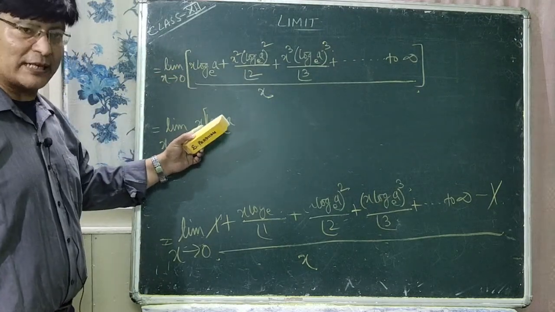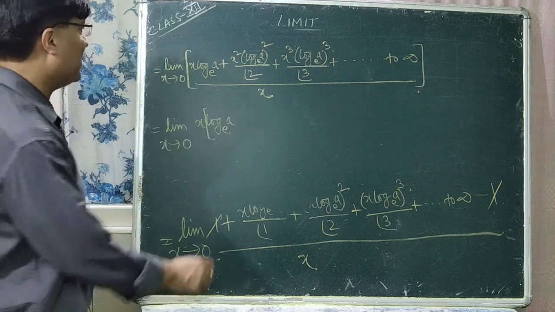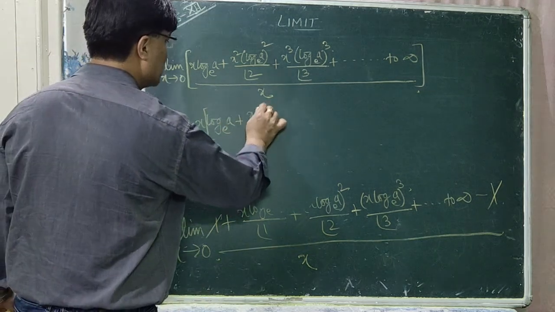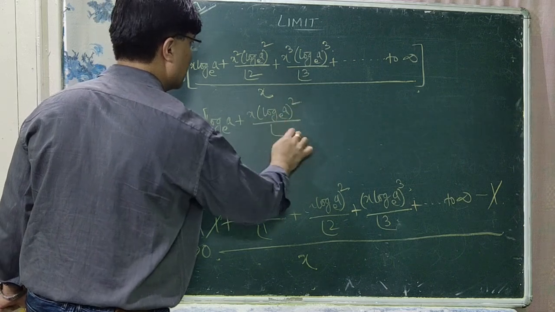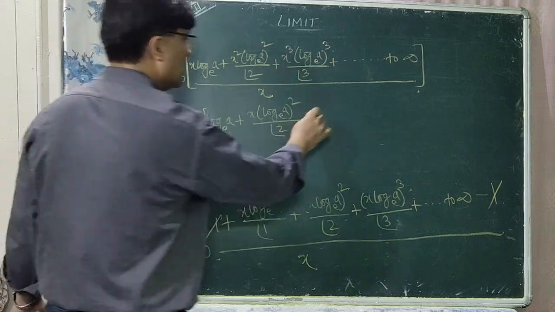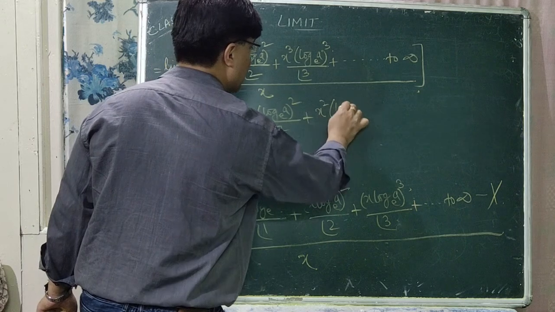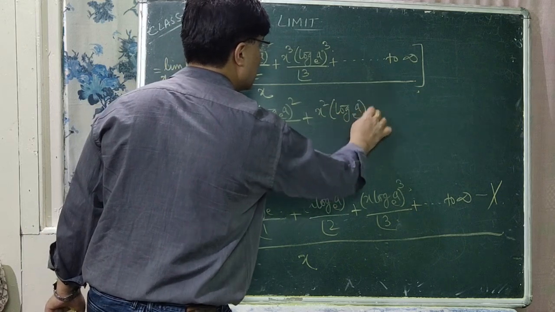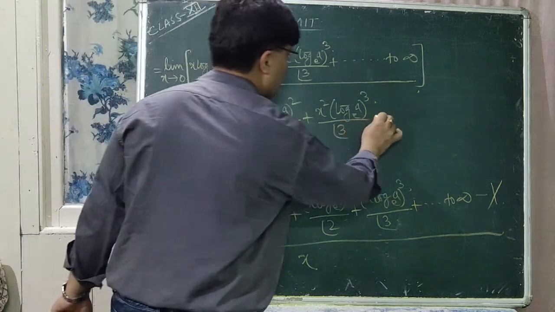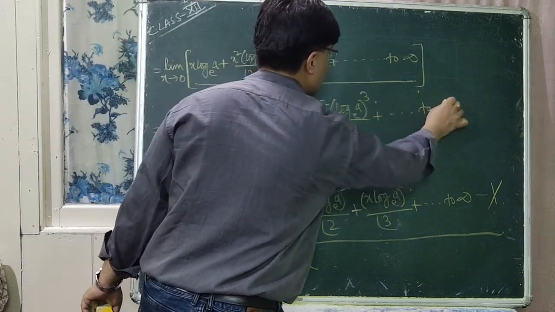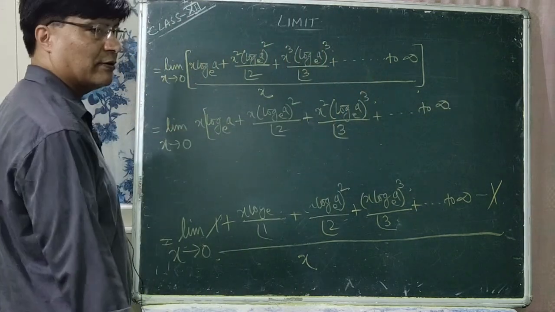So x is taken common. What do we get? Log a base e plus x into log a base e whole square divided by factorial 2 plus this is x square into log a base e whole cube divided by factorial 3 plus dot dot dot, it goes up to infinity, right?